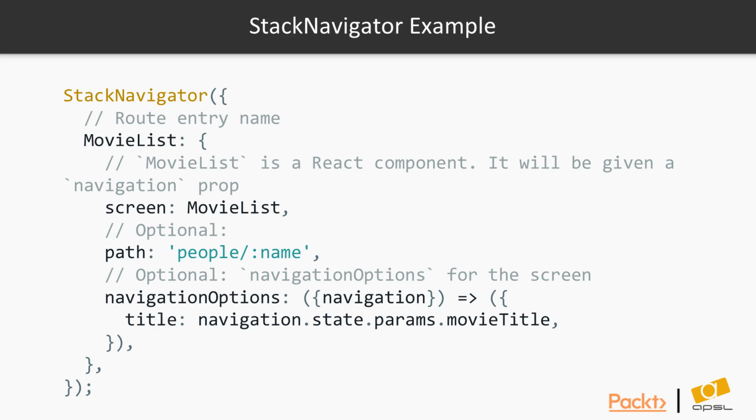The route entry name is a string that will be used to tell our navigator to go to one route or another. Also, the screen value must be a React component to render when we navigate to that route. There are more optional keys for each route, navigation options being one of the most important above all. The options can be used to define title, back buttons, customization of the navigation bar, and more.